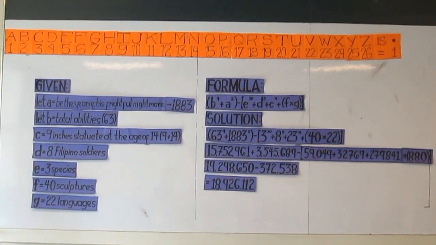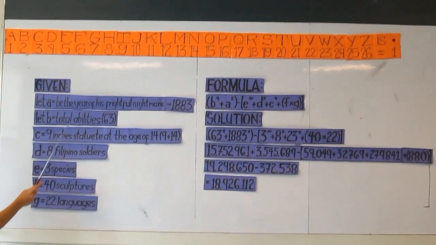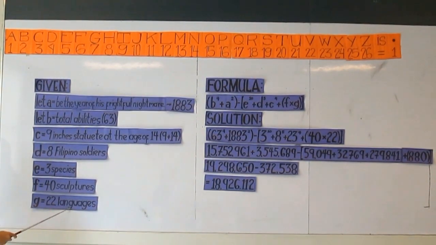It is an attitude that a brave hero should possess. He fought using what he knows and never shed blood for it. He was admired by his fellow heroes and was not idolized by Andres Bonifacio. Let B is equal to his abilities, which is 63, and G is equal to 22 languages.